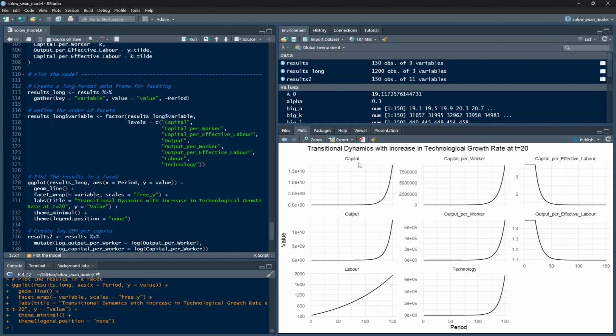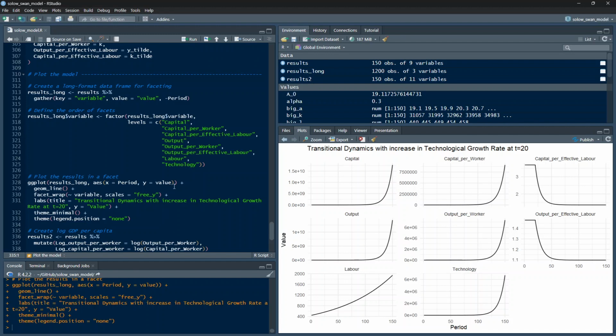And what we see in our capital, our output, our capital per worker and output per worker, the exponential effects all look much stronger than they did before. So we see this exponential growth. The dynamics of capital per effective labor and output per effective labor look quite similar to the population shock, where we have a negative effect and then another tendency towards a new lower steady state.